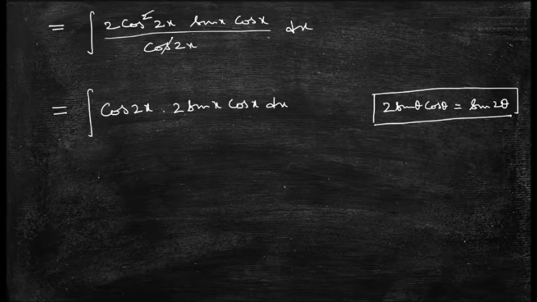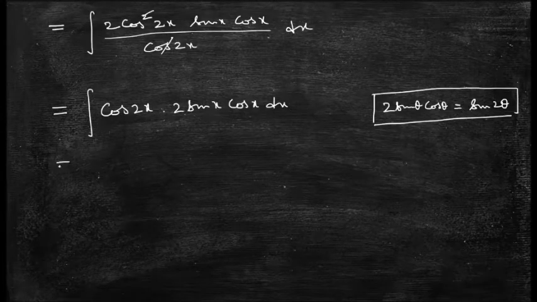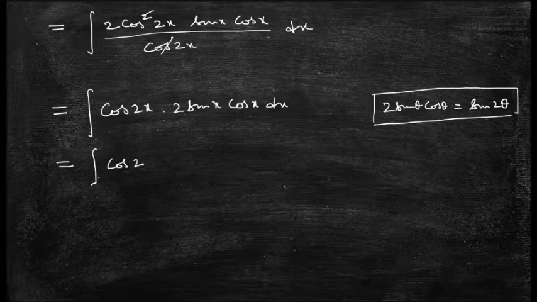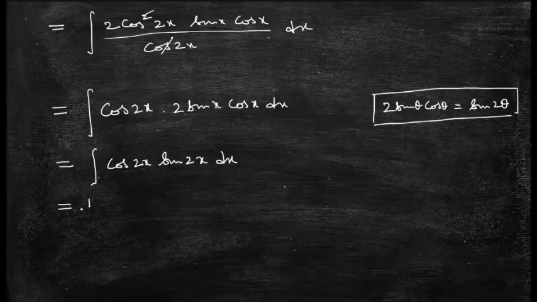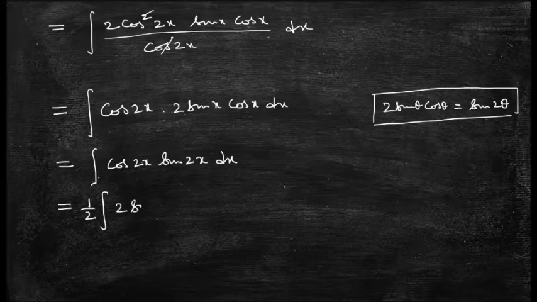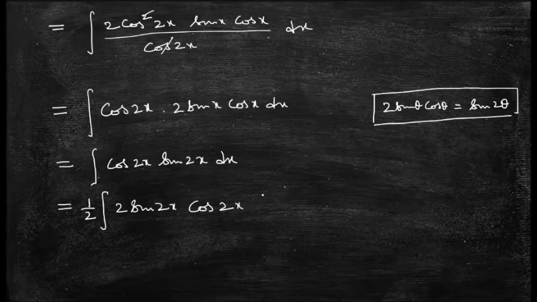So, taking that into consideration, this is equal to the integration of cos 2x, and this structure I can write as sin 2x dx. Multiplying and dividing by 2, we get 2 sin 2x cos 2x, which looks like the same structure again.